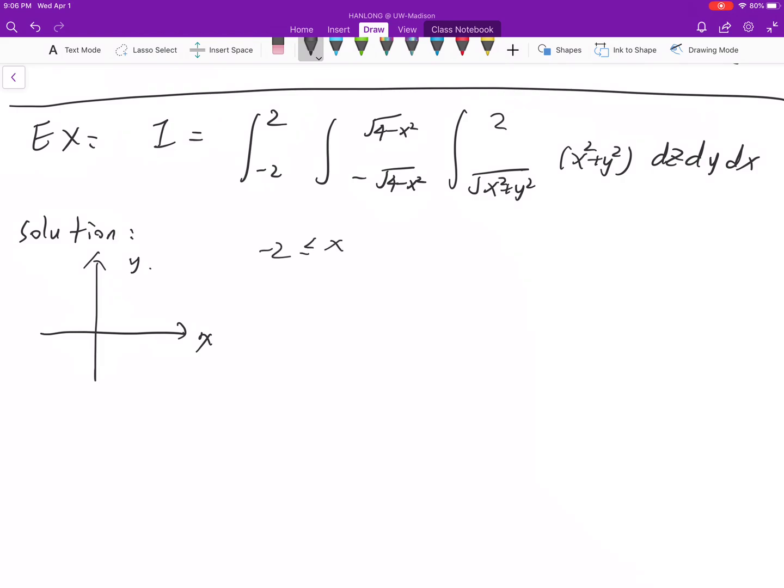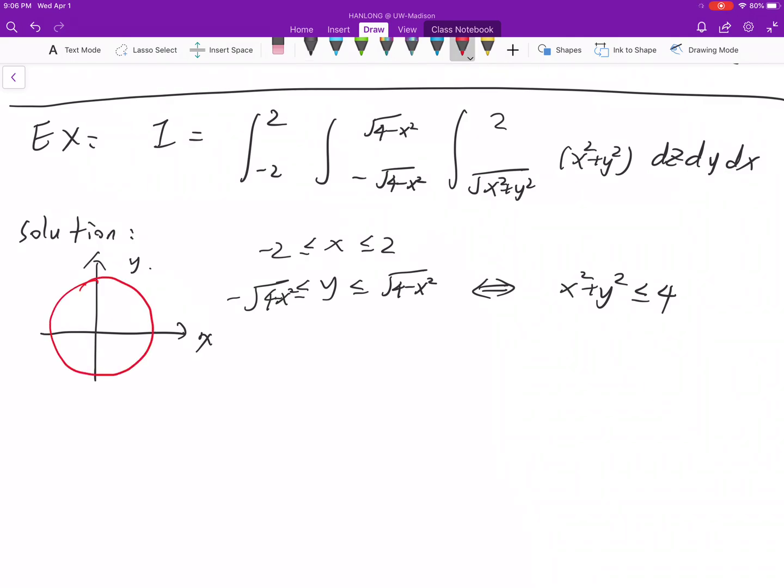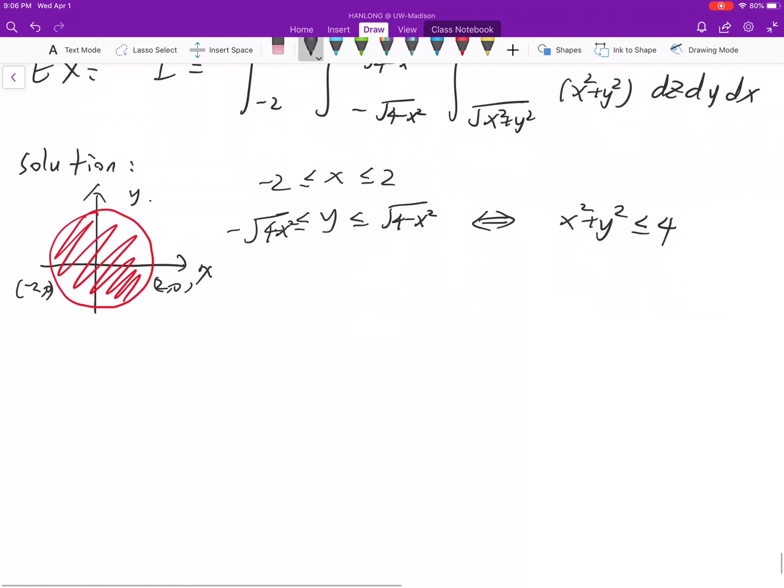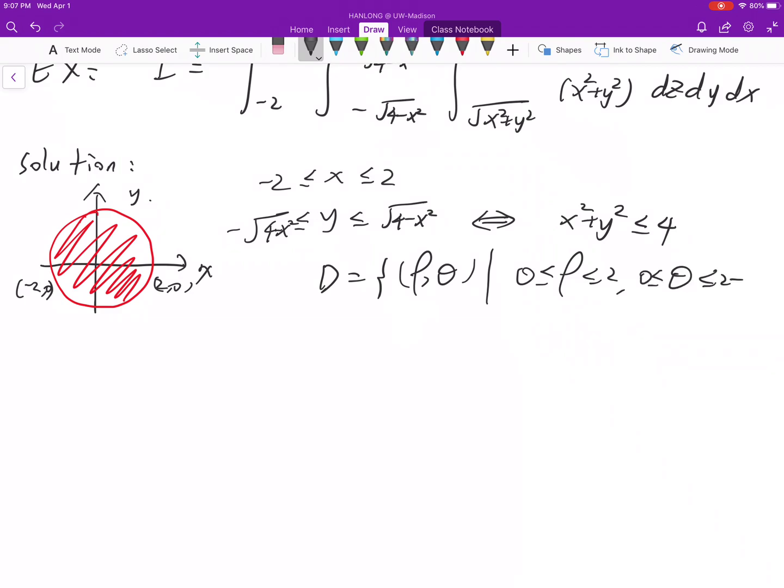Because x is between -2 and 2, and y is between negative square root of 4 minus x squared and square root of 4 minus x squared, D is actually a disk with radius 2. Then D is given by rho and theta, where rho is between 0 and 2, and theta is between 0 and 2 pi.